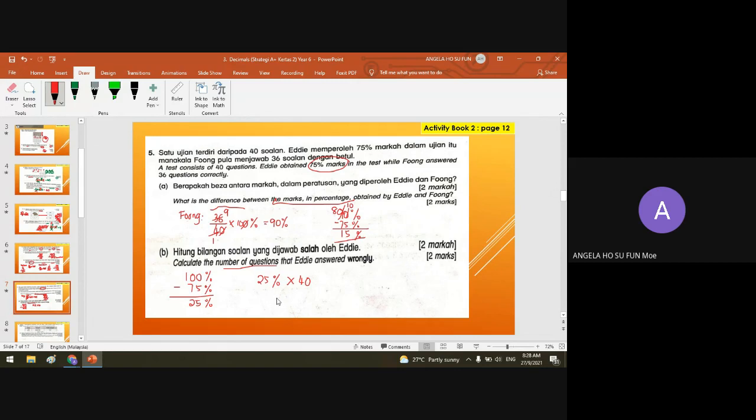What you can do is change this 25% into a fraction, 25 over 100, times 40. 25 and 100 again, there's a link. 25 times 1 is 25. 25 times 4 is 100. Then 4 times 1 is 4. 4 times 10 is 40. So how many questions did AD answer wrongly? He answered 10 questions wrongly.